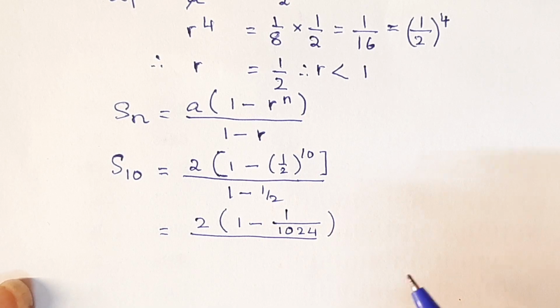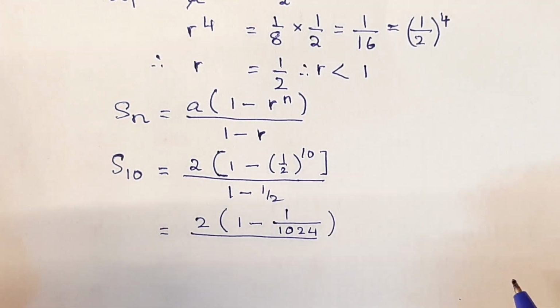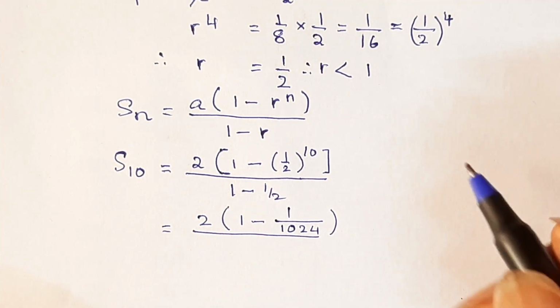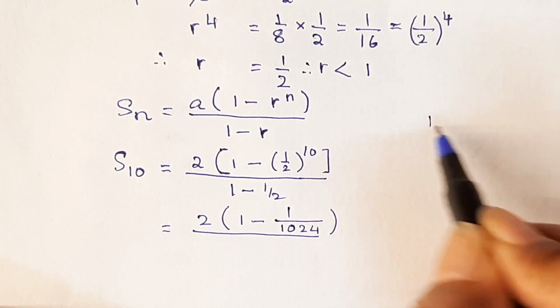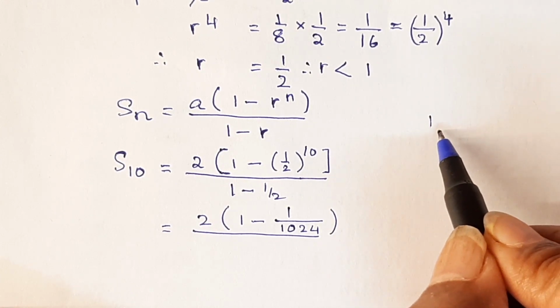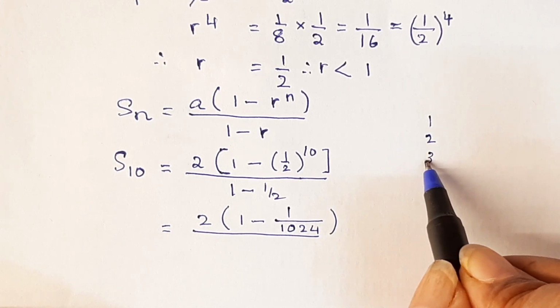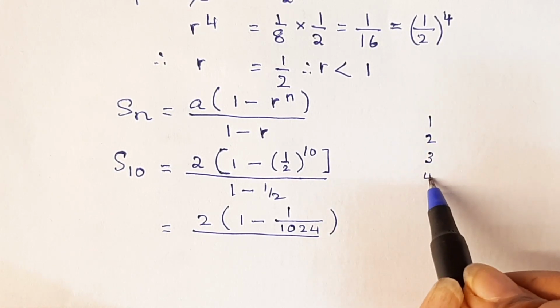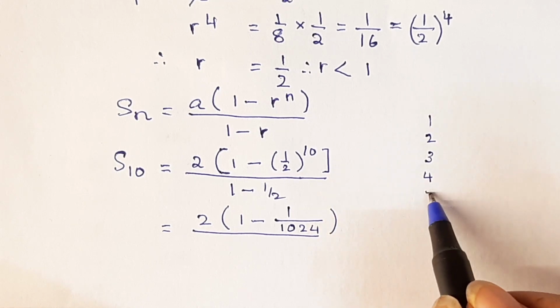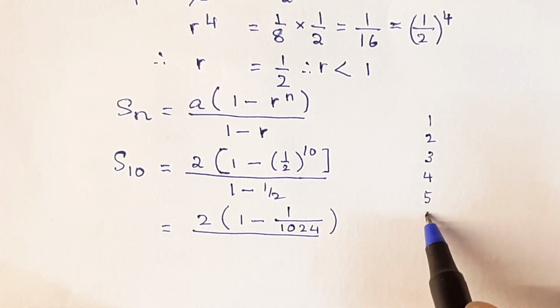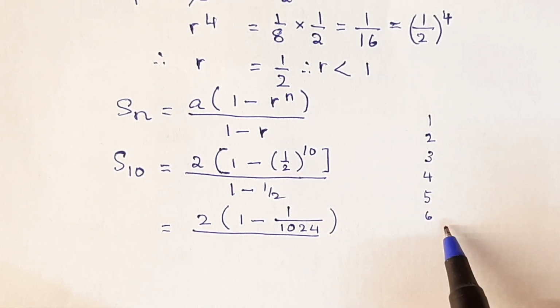1024. Now what you could do is just understand that we have 2 to the power 1 is 2, 2 to the power 2 is 4, to the power 3 becomes 8, 4 becomes 16, 5 becomes 32, 6 becomes 64.